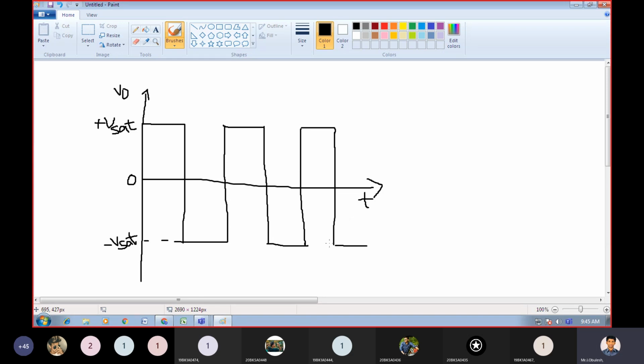After that, we need to draw the upper threshold voltage and lower threshold voltage. We have two conditions. The first one is when the capacitor voltage Vc is less than VUT, then the V0 value is equal to positive V saturation. Yes or no? So we need to find the upper threshold and lower threshold. Let us assume that here we are getting the upper threshold value.